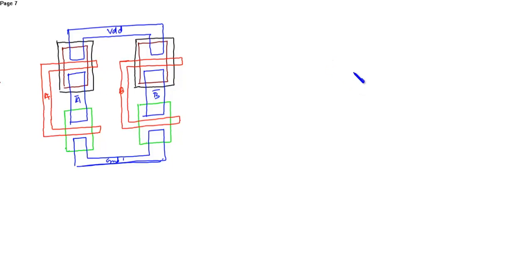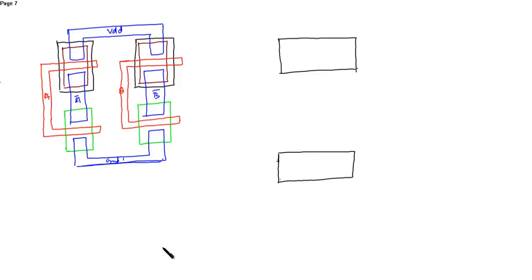Then we have the two transmission gates. So the layout of the two transmission gates can be done as, this is NMOS 1. Sorry, that is N-well 1. This is N-well 2.